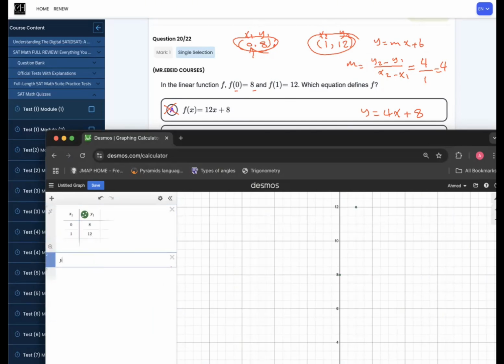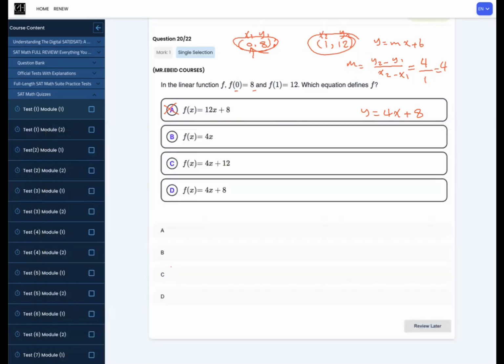Then we have y1, then press on this button, mx1 plus b. I told you before, you are correct if you have r squared equals 1 and r equals 1. So this is the slope, which is 4, and this is the y-intercept, which is 8. So that's good. So the answer is D.